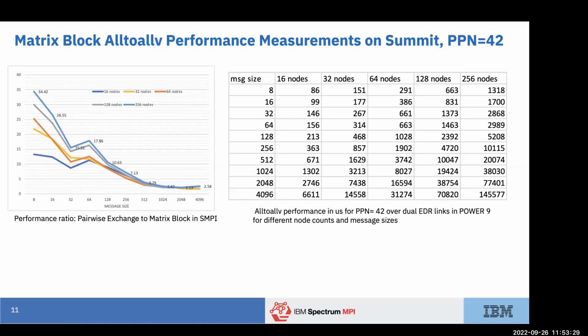If you're interested to see the actual numbers that we're measuring, they are summarized in this table on the right. In this case, we have dual EDR links in Power 9 connected to InfiniBand. So it's EDR speed on each link.